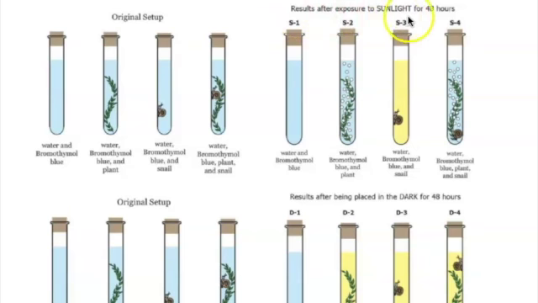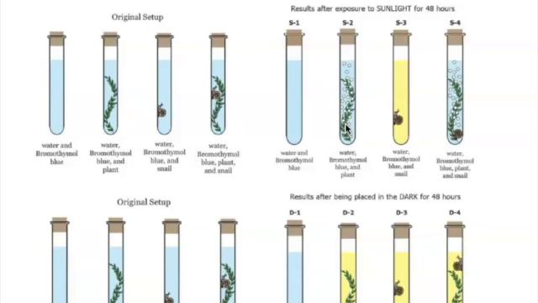Okay, so in the sunlight, we have S2 and S4 remaining blue because any carbon dioxide that's being created through cellular respiration is being taken into the plant for photosynthesis.